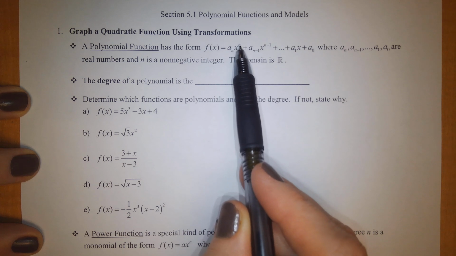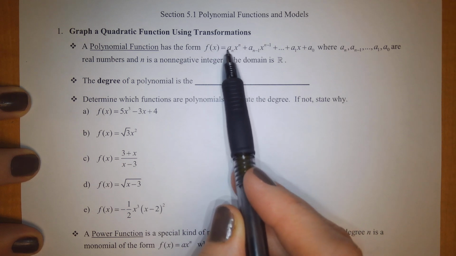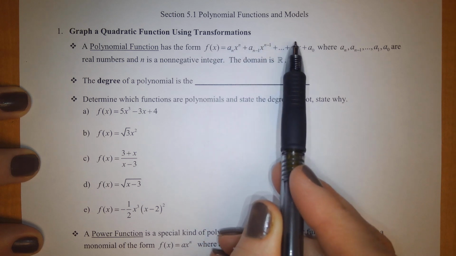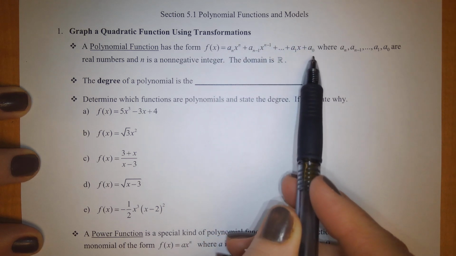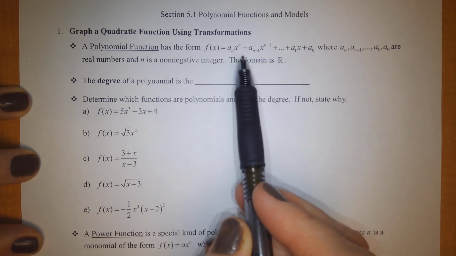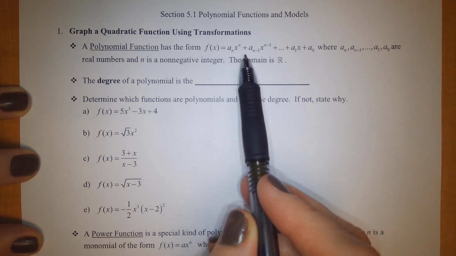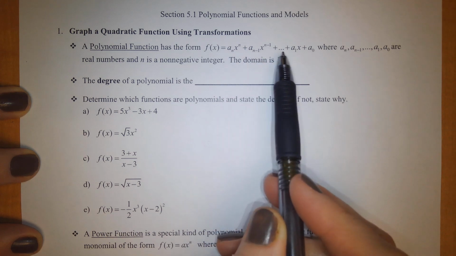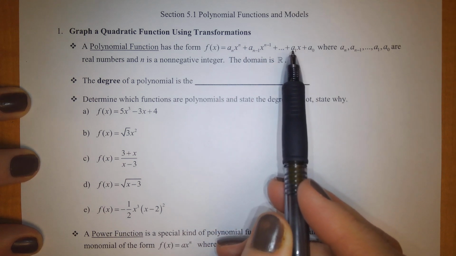The highest power that is visible is always going to be written first, no matter what the coefficient is. And then the exponents will decrease in descending order all the way till you get to the constant. The domain of any polynomial function is all real numbers, since there are no exclusions, no denominators, and no square roots.